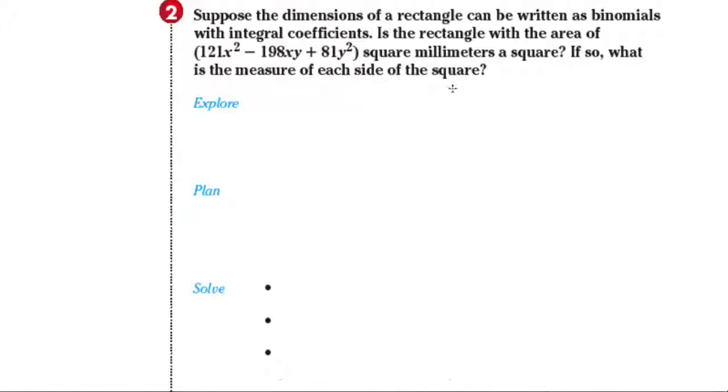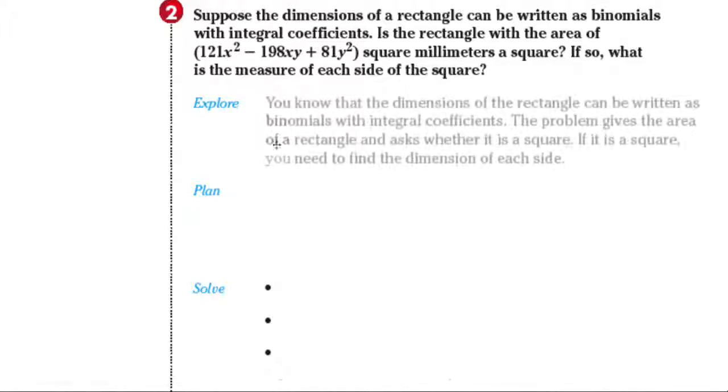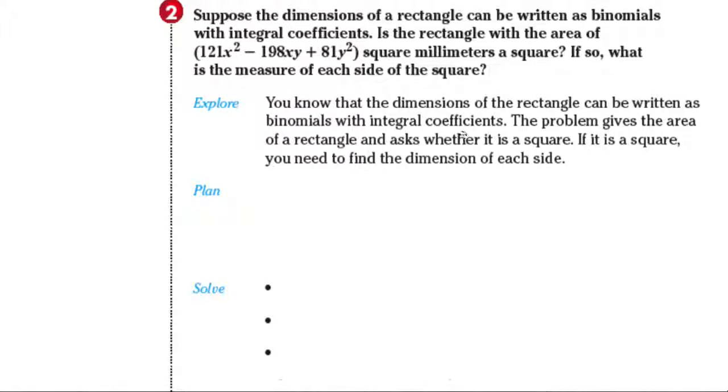Is it a square? If so, what is the measure of each side of the square? So again, the word problem, so we use a 4-step plan. You know the dimensions of the rectangle can be written as binomials with integral coefficients. The problem gives an area of the rectangle and asks whether it's a square. If it is a square, we need to find the dimensions of each side, or basically we need to factor it. So what do we plan to do?